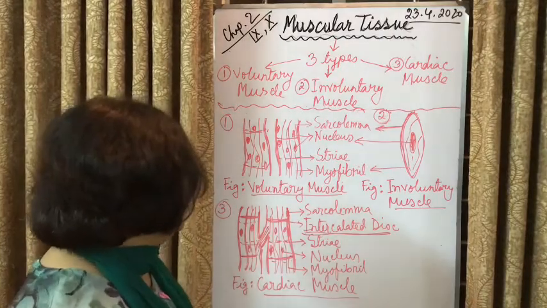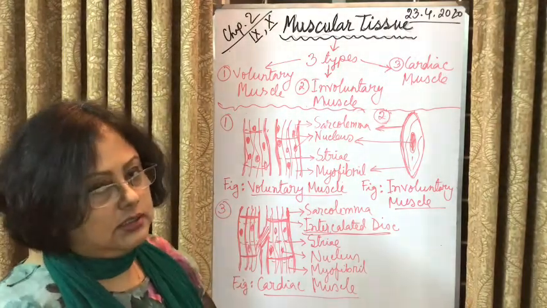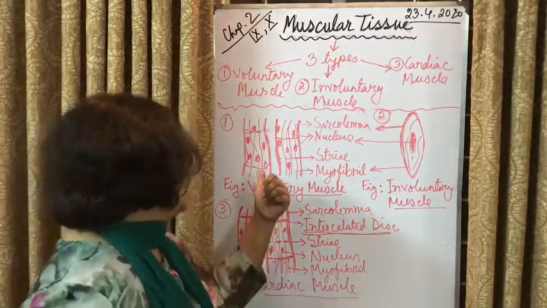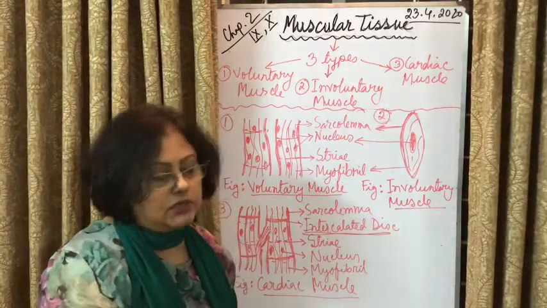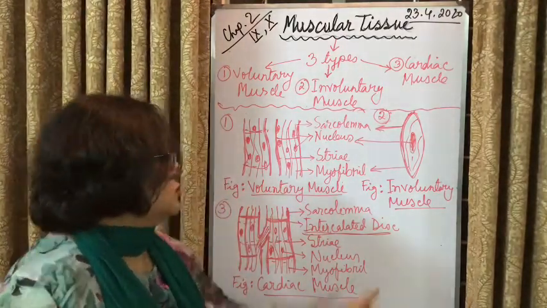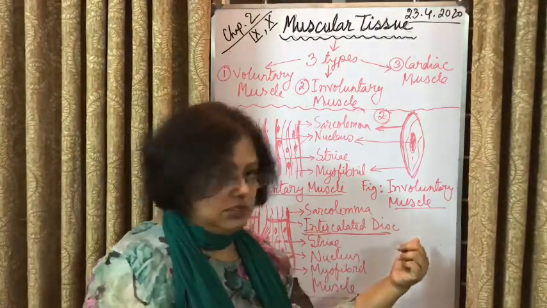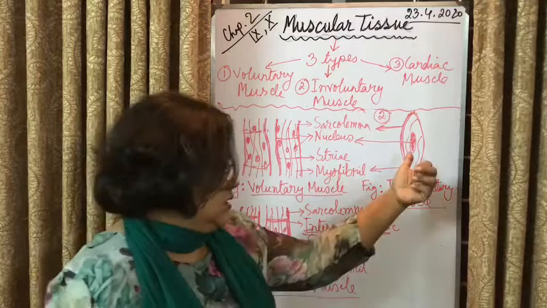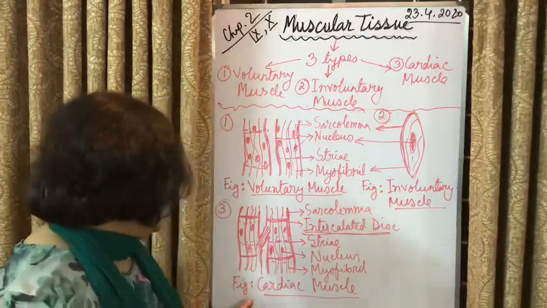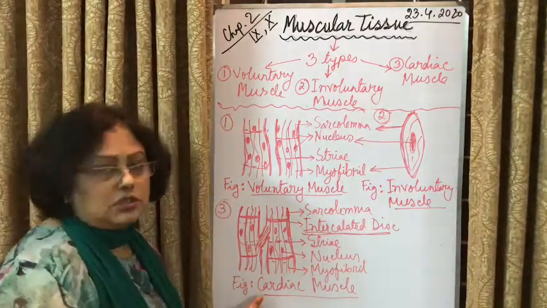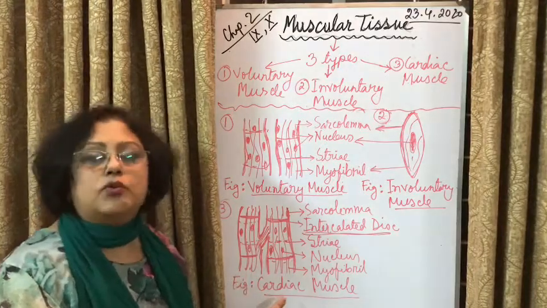Another feature is the nucleus, the cell containing the nucleus. The voluntary muscles contain more than one nucleus, and involuntary muscles contain one large nucleus, which is centrally situated. And cardiac muscle cells contain only one nucleus.